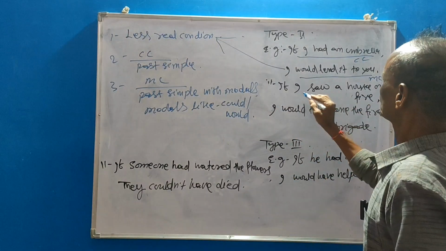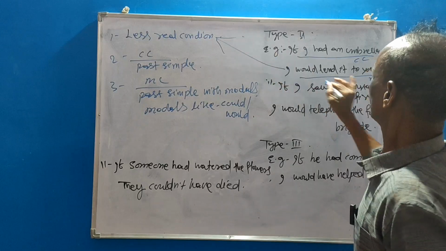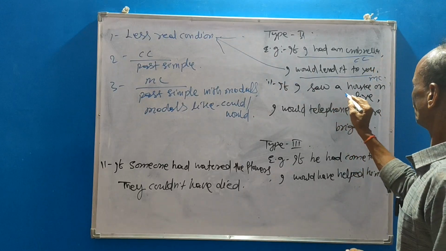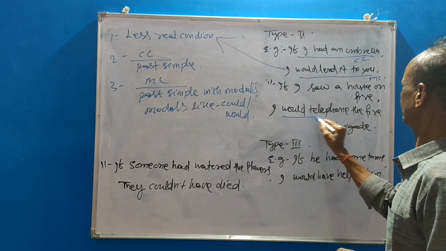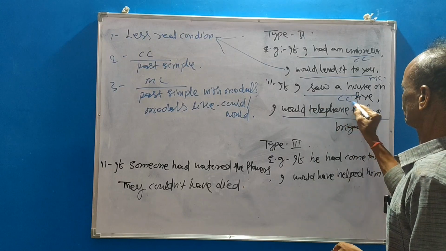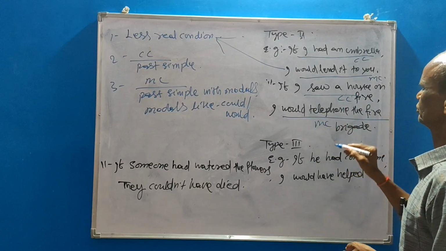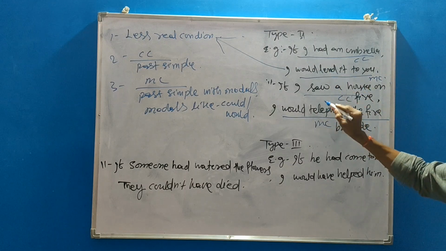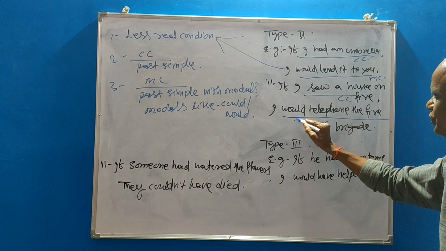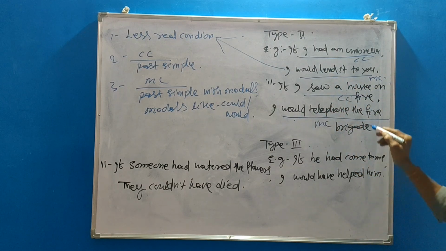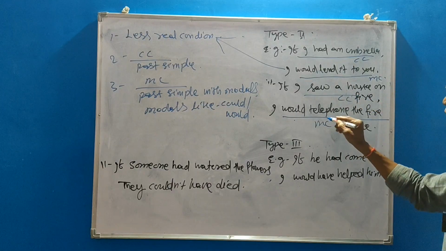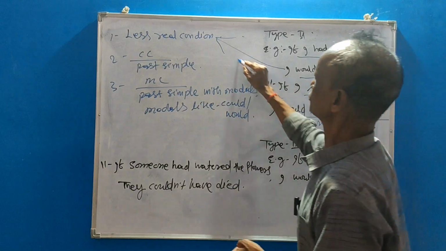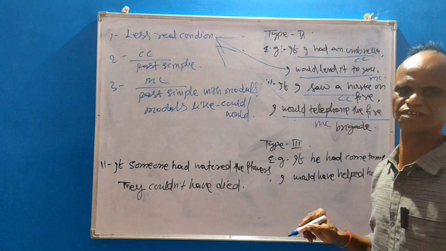So that is a less real condition. If I saw a house on fire, I would telephone you. It is the conditional clause, it is the main clause. Past simple with the modal would. If I saw a house on fire, I would telephone the fire brigade. It refers to less real conditions. Okay.